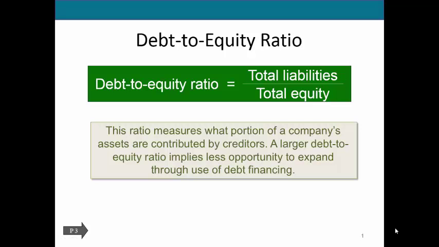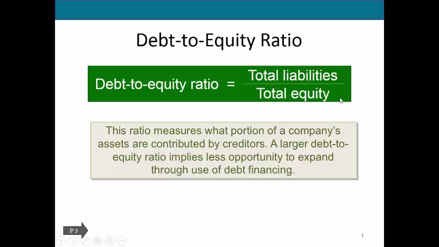Now again, we're not going to get into a full discussion of whether debt or equity financing is better right now, but I do want to talk about a little understanding of the debt to equity ratio. The higher this ratio is, that means the more liabilities you have as opposed to equity.